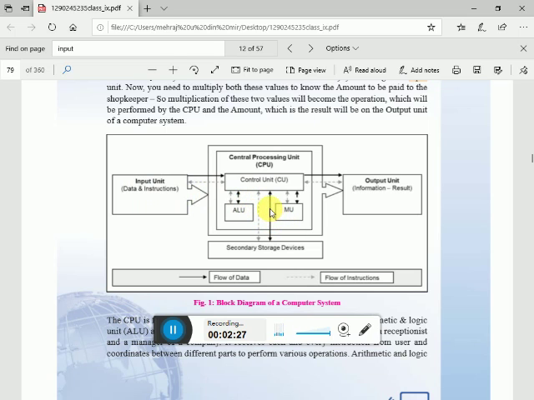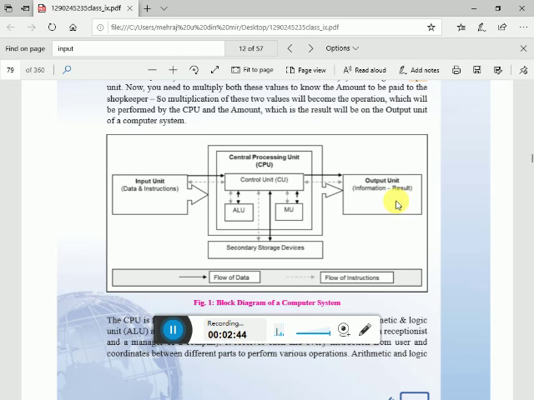Each unit has its own work. After processing, the CPU forwards the data to the output devices, which we get in the form of information or result or output.